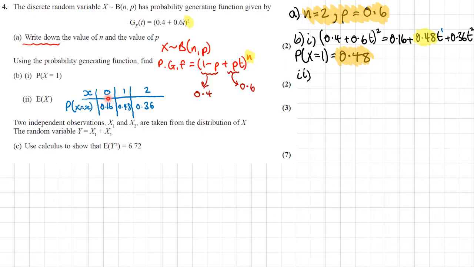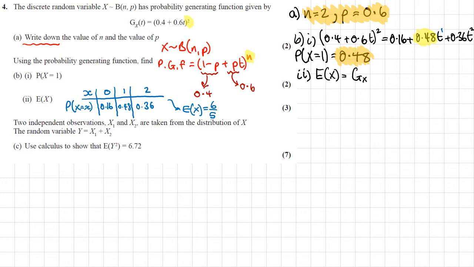So if I did 0 times 0.16 plus 1 times 0.48 plus 2 times 0.36, that will give me E of x, and that will give me E of x is equal to 6 over 5 or 1.2.